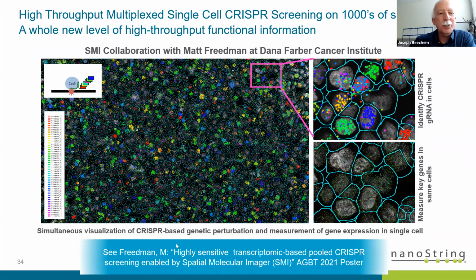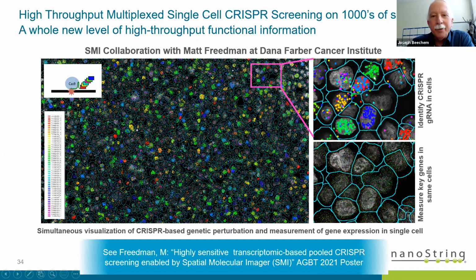This is what a CRISPR-Cas9 experiment looks like inside the Spatial Molecular Imager. We're using our sequencing barcodes to image in situ the guide RNA, which guide RNA is in a particular cell at any given time. Sometimes you have multiple ones in an individual cell, which you can see on the right-hand side in a blow up.